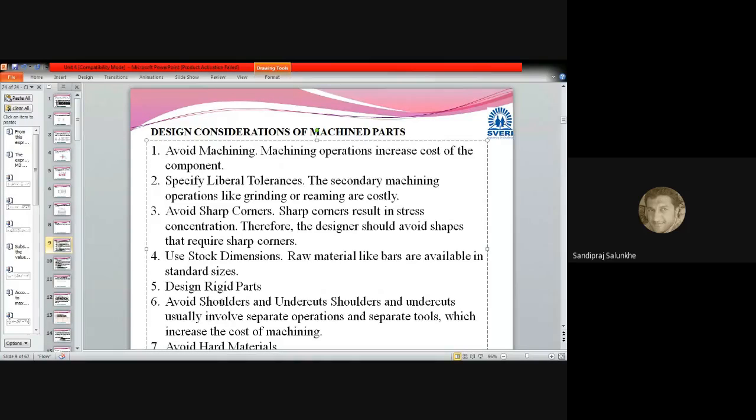So as far as possible, we make it standardized, because maintaining 12.7 millimeter requires critical machining, and a very sharp tolerance is provided. But if you make it 15 and give a tolerance of plus minus 0.01, then it will be achieved easily, whereas this part will have the same or more strength. So it will not fail at the time of application.